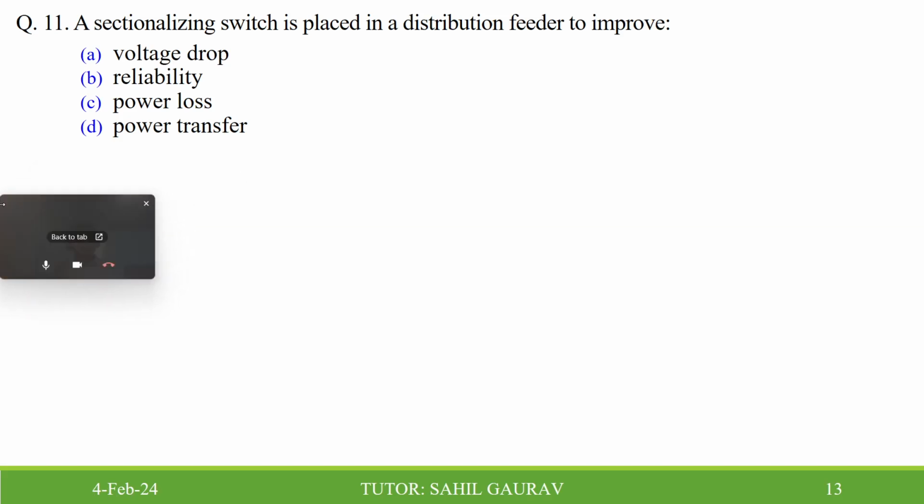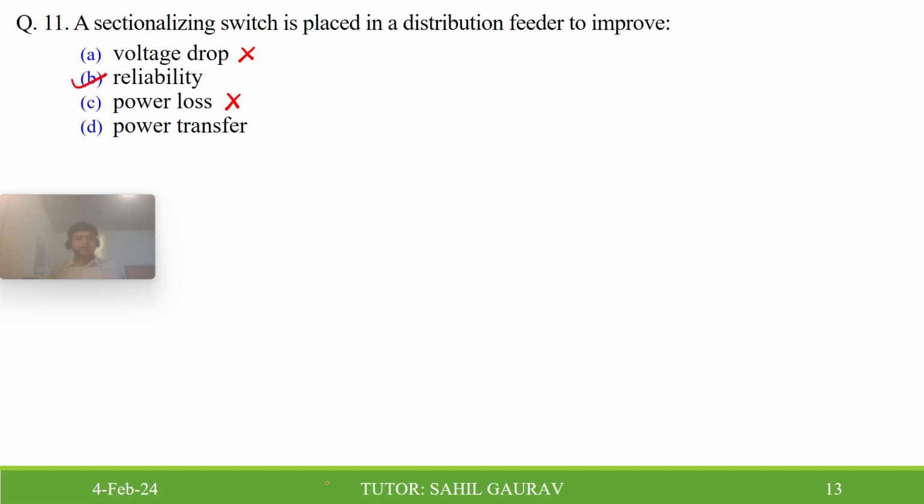Improving the voltage drop is a negative point, so it will not be correct. We also don't want to improve the power loss, so this is also a negative point and should not be correct. So we have two options, reliability and power transfer. Yes, reliability is correct.